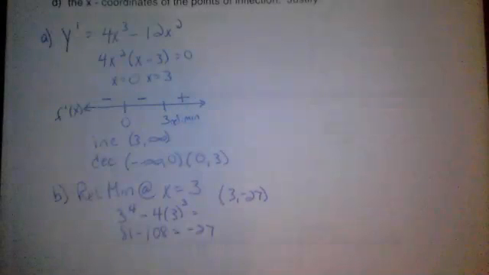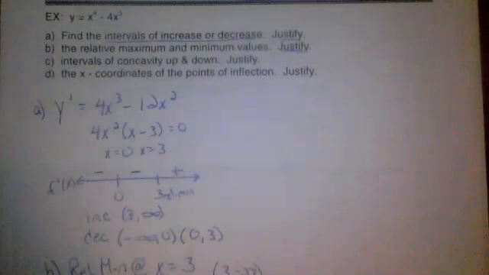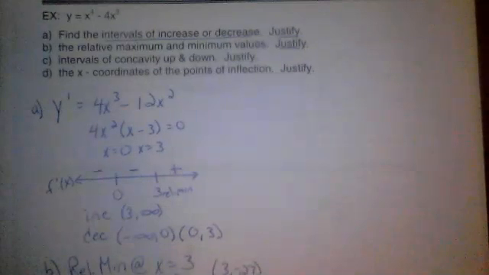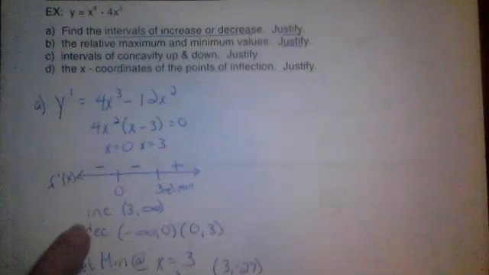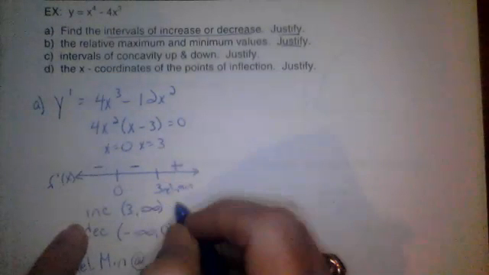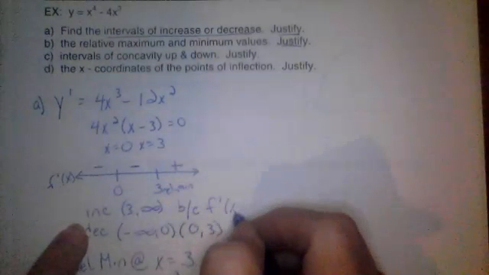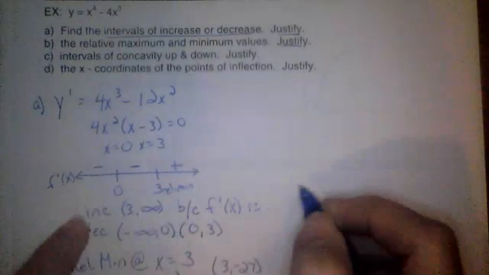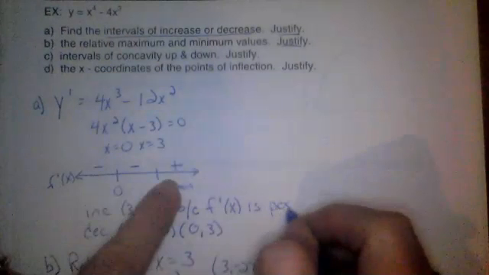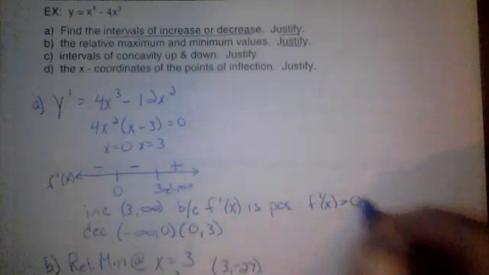I guess, well, it also says to justify each of these, and we've had some trouble justifying, so let me back up a minute before we keep going. Whenever you're justifying the increase, you're going to say that it is increasing because the derivative is positive. Or you could say f prime of x is greater than 0.